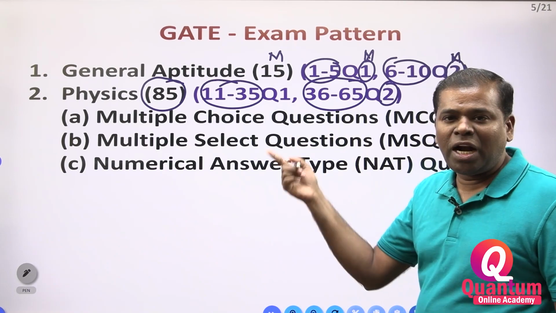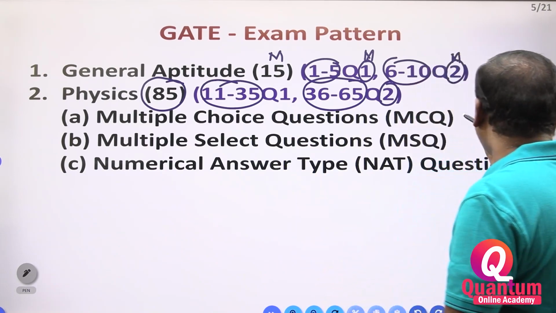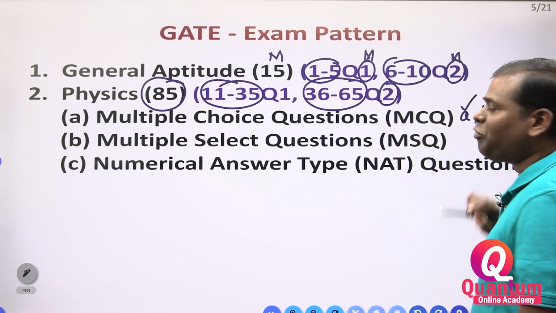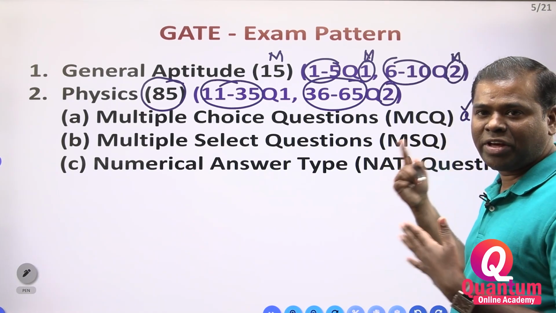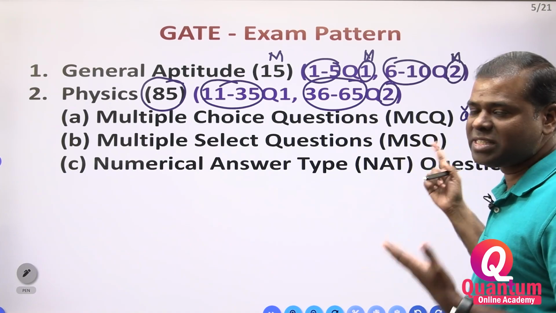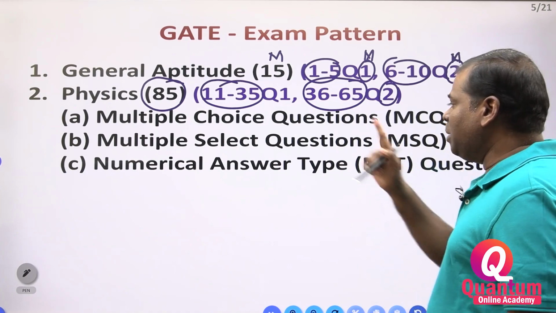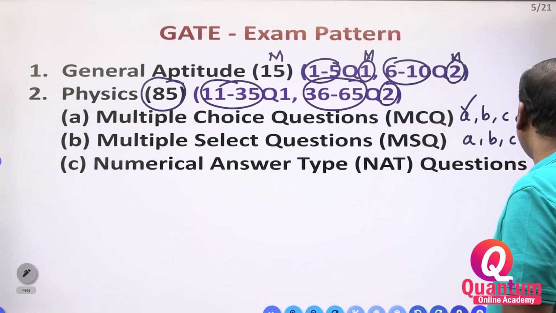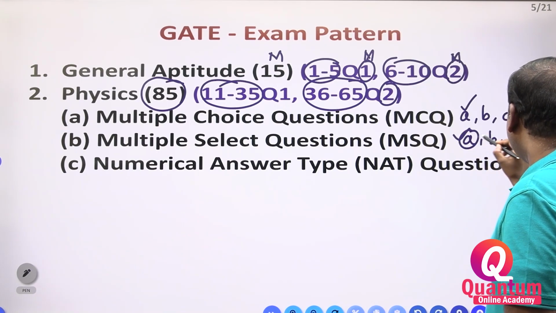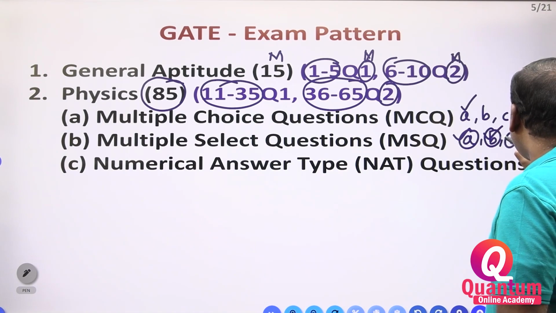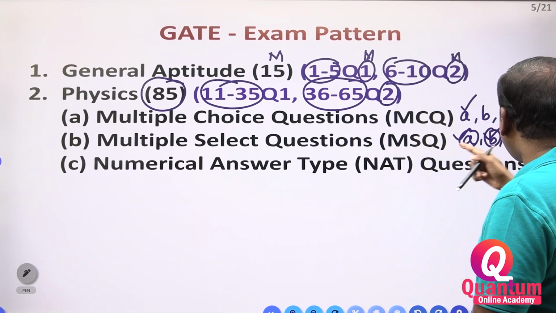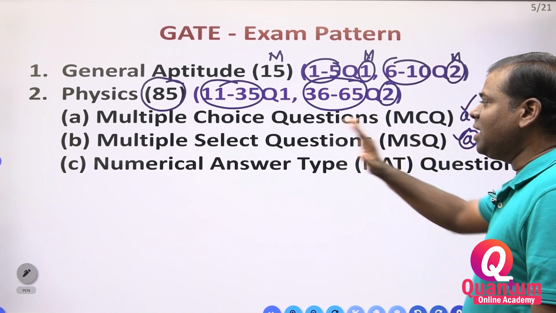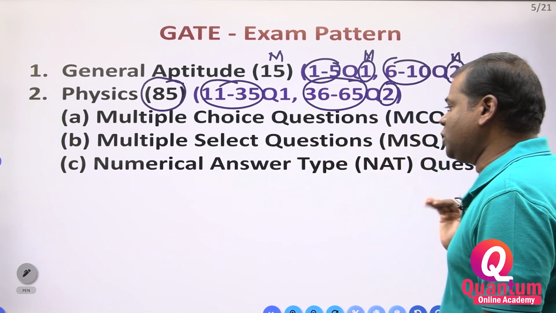In a multiple choice question, out of A, B, C, D, you have to pick one. In a multiple select question, sometimes A is correct, sometimes B, sometimes C also. Whatever answers are correct, you have to select those answers.